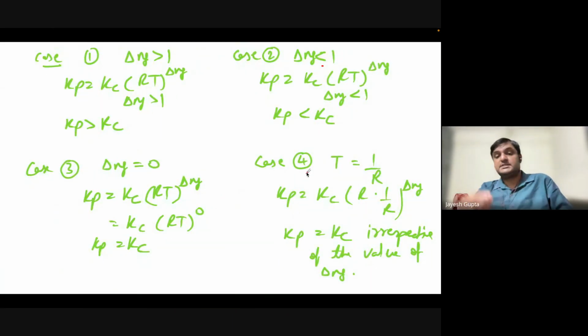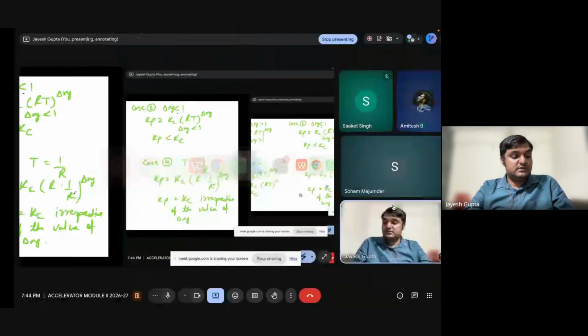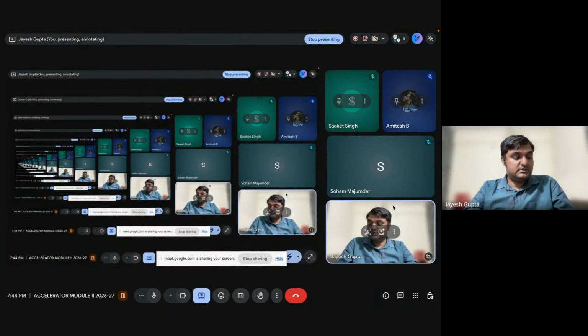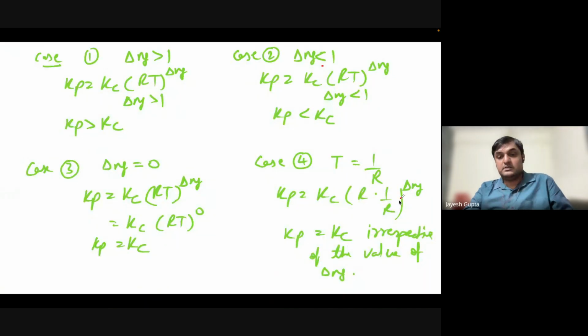Now fourth case, when you are having temperature equal to 1 by R. R value I have already told you, it can be 8.314 or it can be 0.0821. So when your temperature is 1 upon 8.314 Kelvin, like that one, in place of temperature, you can write 1 upon R. So Kp is equal to Kc into R into 1 by R, so in place of temperature, I have written 1 by R, to the power delta Ng.